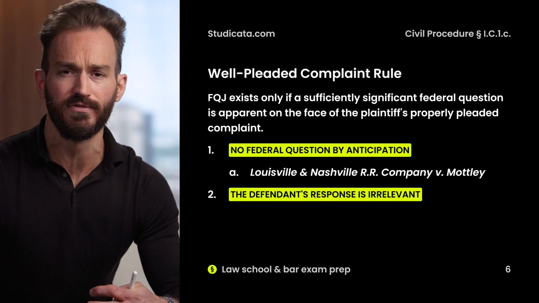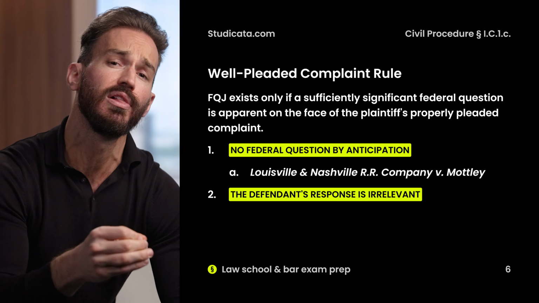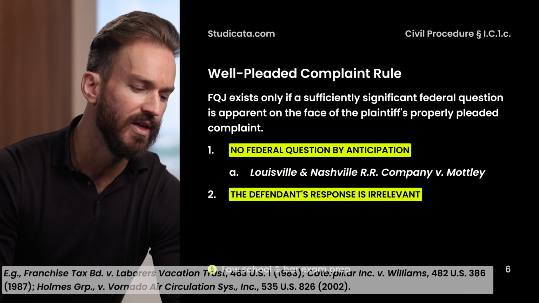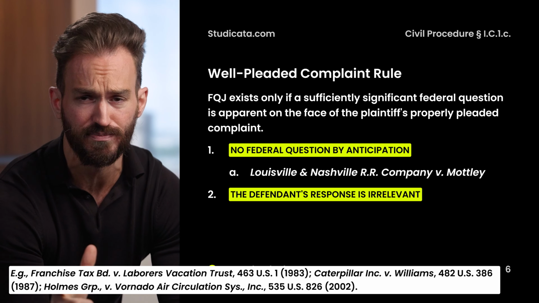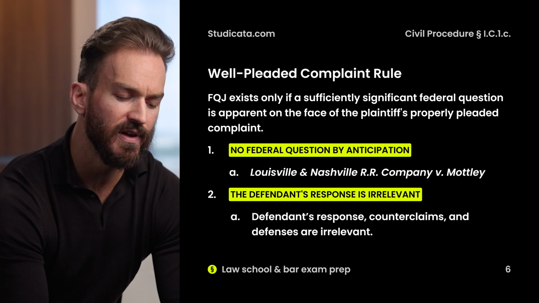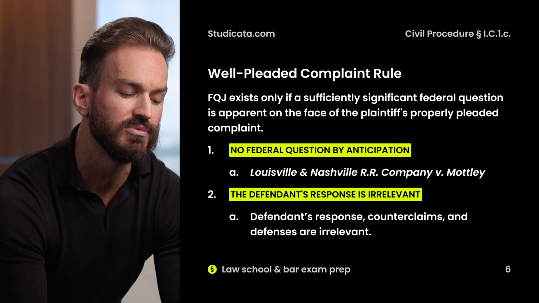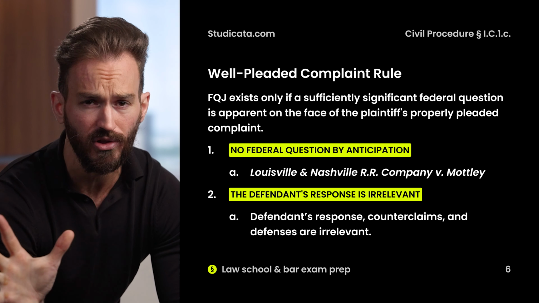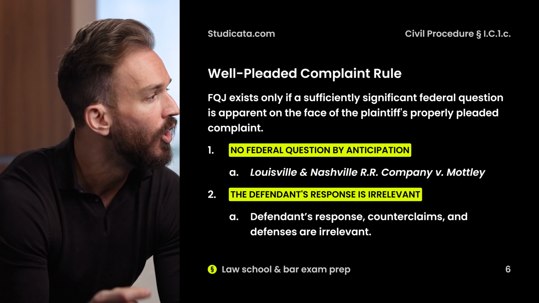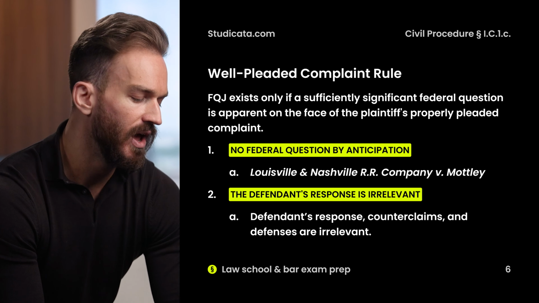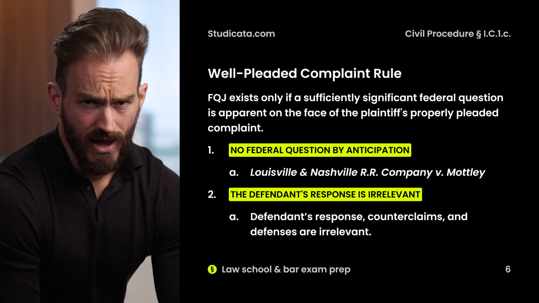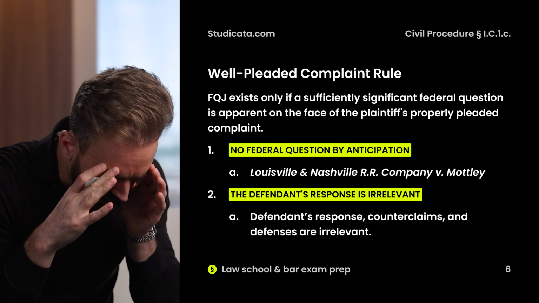As the case law develops, we see the Supreme Court really double down on this concept, that there's no federal question by anticipation, and the defendant's response is irrelevant. So the defendant's response, counterclaims, and defenses are totally irrelevant. When we're trying to determine whether a federal court has federal question jurisdiction, what I tell students to do is essentially put the blinders on, right?